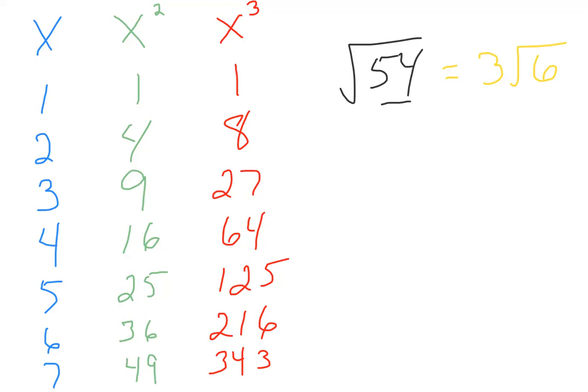So let's try another one. How about radical 72? You want to pause it, but I'm going to continue explaining it. Pause it, see if you can do it on your own. So radical 72 can be rewritten as 2 times 36.